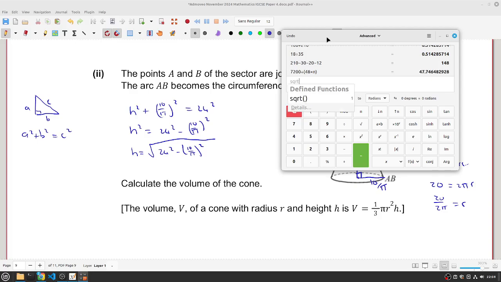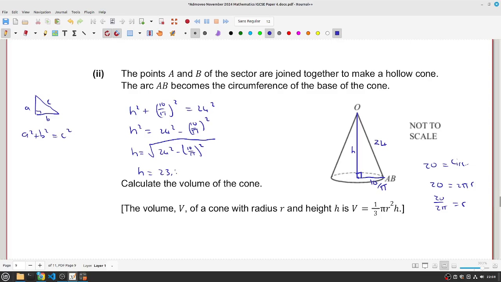So we've got the square root of, then 24 squared, which is 576, minus, and then 10 squared is 100 over pi, and then I'm just going to put extra brackets just to make sure, because I don't know how this calculator reacts to everything. Squared. Okay, so 23.79, or 23.8 if we use three significant figures, right? 23.8 centimeters. That's our height.